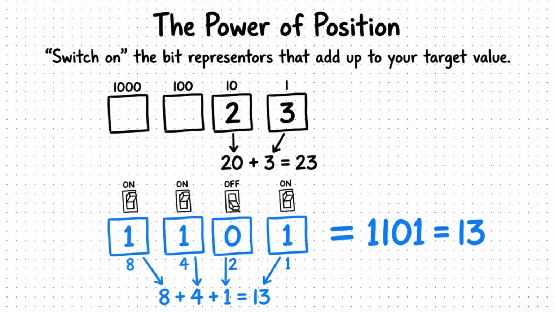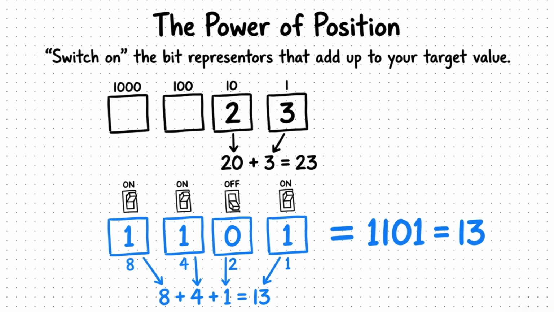To represent a decimal in binary, you simply switch on, that is using 1, or switch off, that is using 0, the bit representers that add up to your target value. So if you want to represent the number 13, we just look at the bit representers and ask which ones add up to 13.